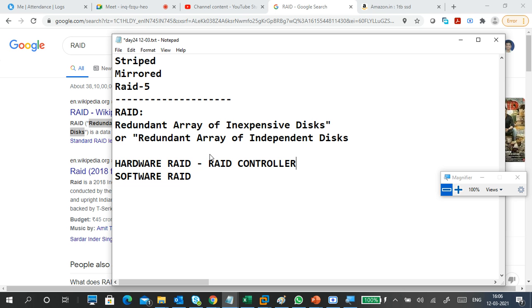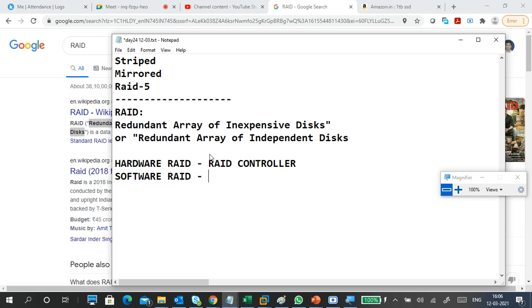Of course SCSI drives also support RAID controllers. On the SCSI board itself it contains RAID related settings, like which disks should be in the same RAID.